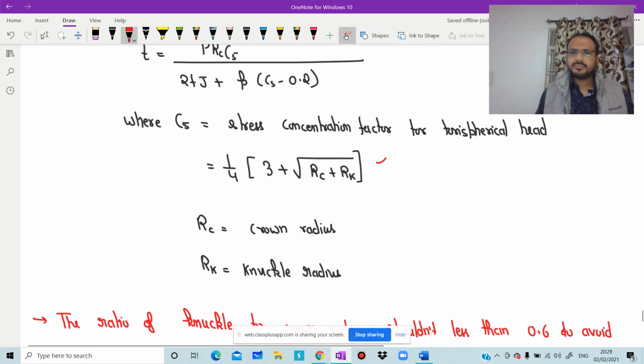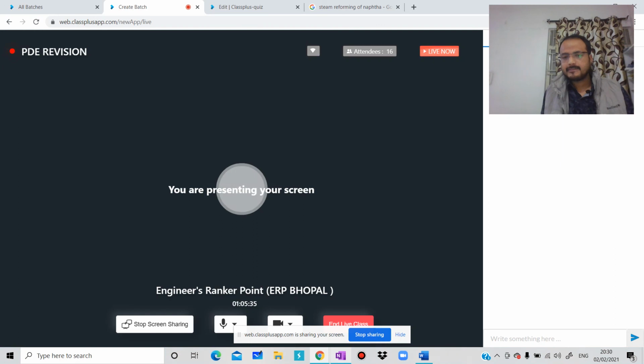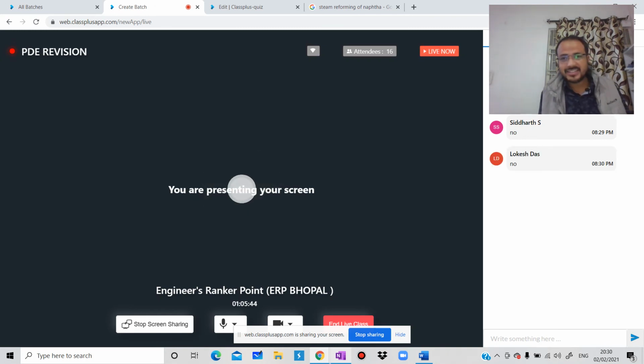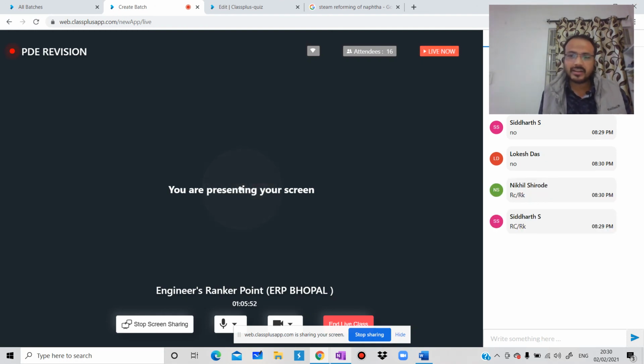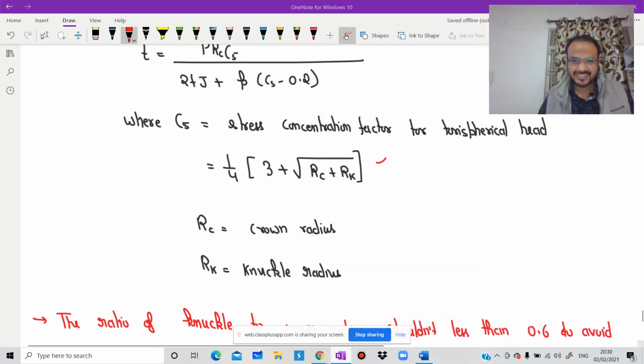Is this formula correct, Lokesh? Is this formula correct or not? Lokesh, Siddharth, I hope there is some mistake in this formula. My sixth sense is saying that there is some mistake. That should be RC by RK.